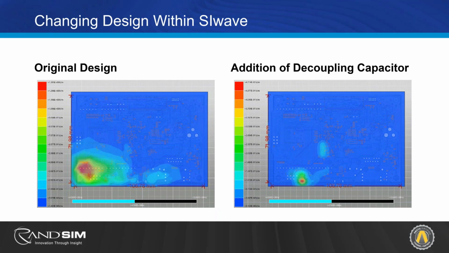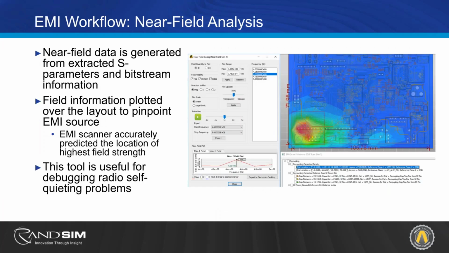So the example that I have here right now, on the left, is the frequency swept near field analysis that I showed you prior on that clock line. So that's this data right here. Right now you see it's the peak value at 450, but we are sweeping from 400 to 500 megahertz.